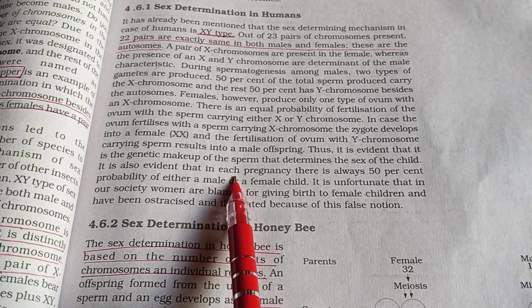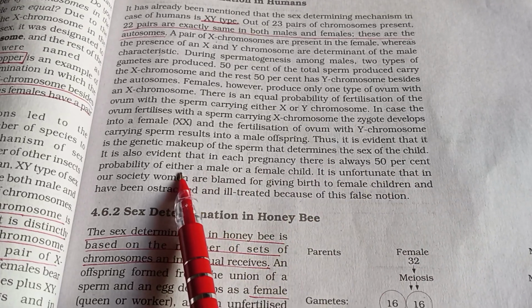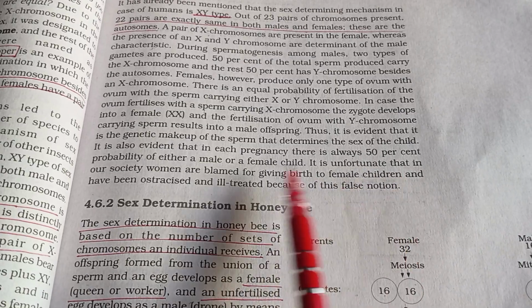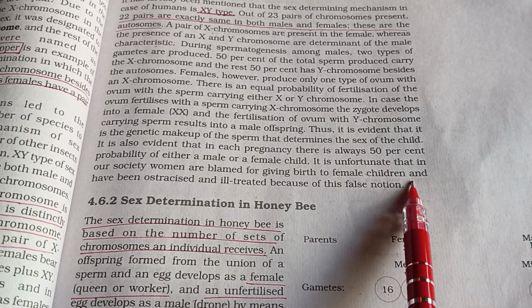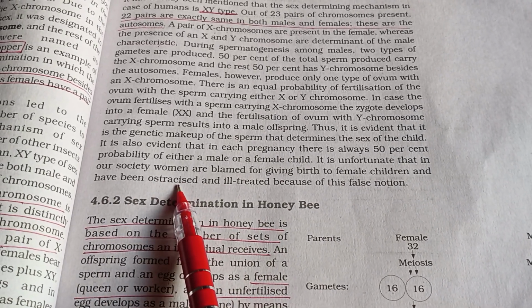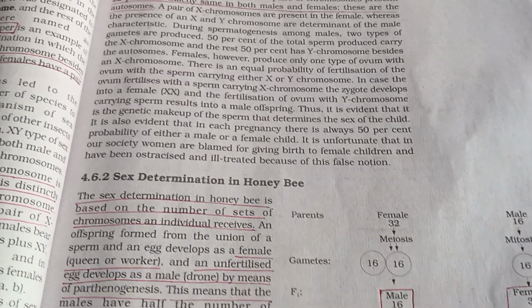It is also evident that in each pregnancy there is always a 50% probability of either a male or a female child. It is unfortunate that in our society women are blamed for giving birth to a female child and have been ostracized and ill-treated because of this false notion.